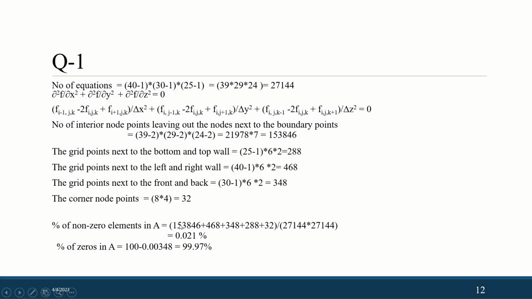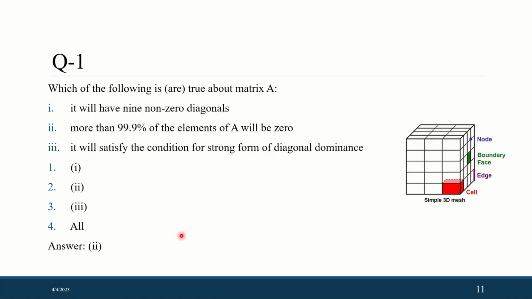So 0.021 percent of the values in this system are non-zero. So the percentage of zeros in A will be 100 minus this percentage, that is 99.97 percent. So more than 99.9 percent of the elements of A will be 0. So the right statement is that more than 99 percent of the elements of A will be 0.